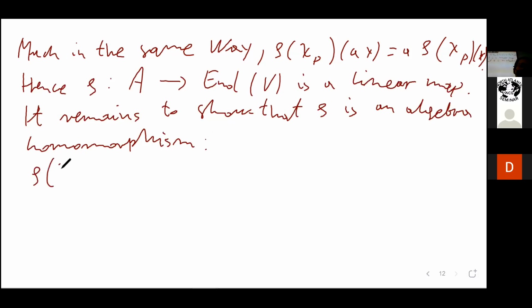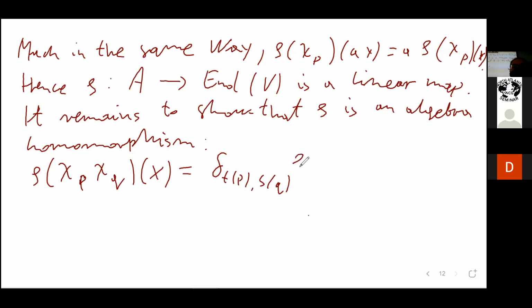So rho of chi p chi q, again, it suffices to do it on basis elements. I apply it to X. Okay, so first I multiply in my path algebra. So I have my Kronecker's delta, TP as Q, and I have rho of chi PQ applied to X. I mean, this is sort of by definition.